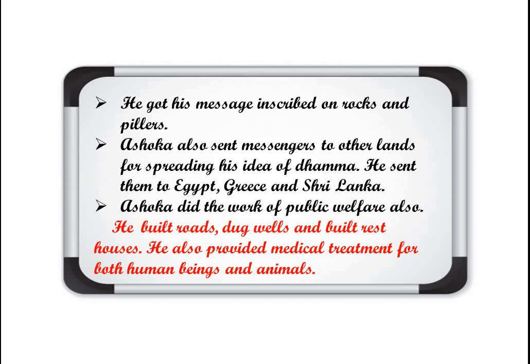So which type of work did he do for the welfare of the people? He built roads, dug wells and built rest houses. He also provided medical facilities to the people, not only for human beings, for animals also. Clear?